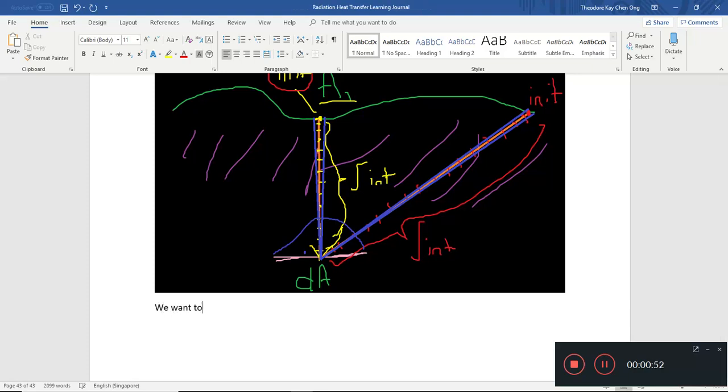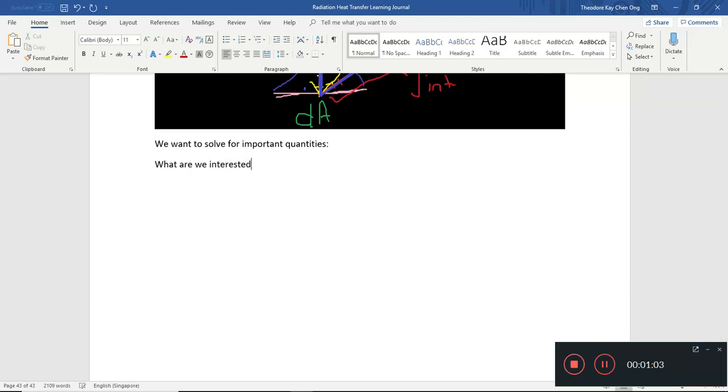We want to solve for important quantities. So what are we interested in when we solve the RTE? It's always important to have our goals in mind.